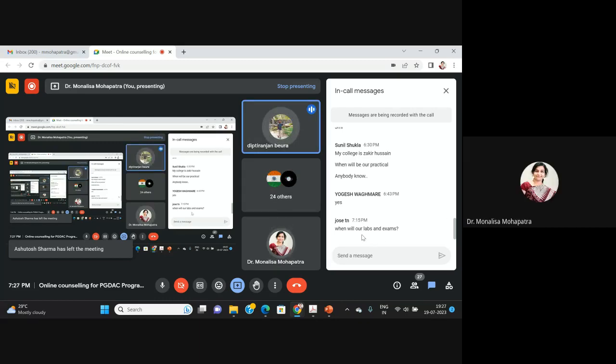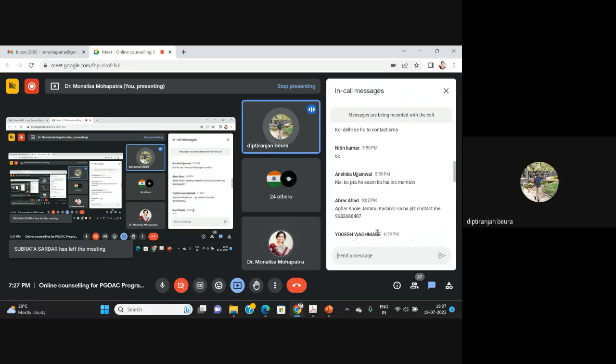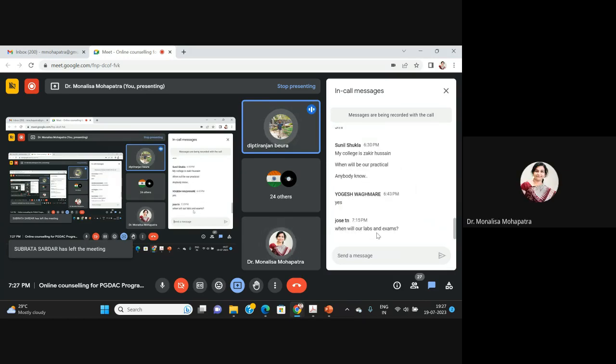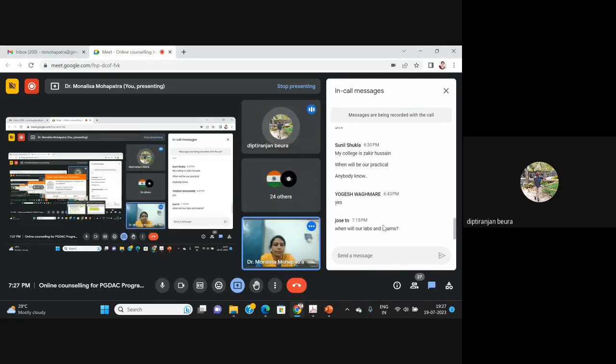When will be our labs and exams? Yesterday someone asked me, I forgot his name, about the instrument. Can we see the instrument? Actually, I will try to show you whatever is there in my lab. A fluorescence spectrophotometer is there in my lab.